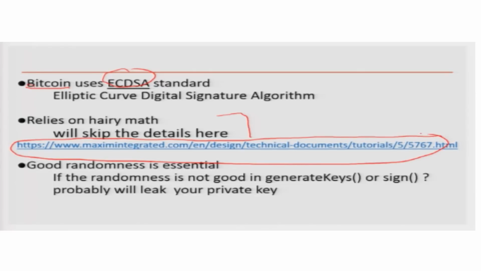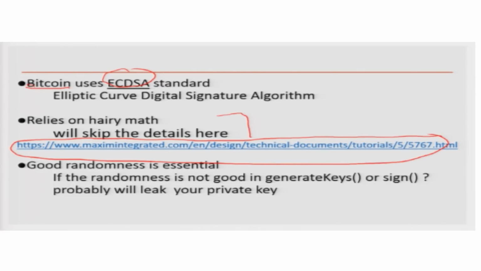Whereas, in the case of elliptic curve cryptography, you need to know a lot more mathematics, because you are going to do arithmetic on the points on an elliptic curve, and that you can learn, if you are interested, from many sources. One such source is here.